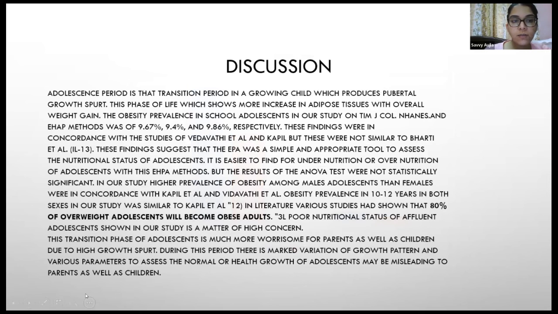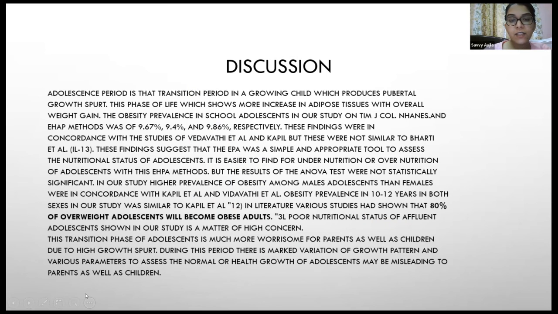Now, a quick discussion. As we know, the adolescent period is that transition period in a growing child which produces the pubertal growth spurt. This phase of life shows more increase in adipose tissue with overall weight gain. The obesity prevalence in school adolescents in our study on the three scales used, that is Tenggara, NHANES, and EPHA methods, were 9.6, 9.4, and 9.86 respectively, and these findings were in concordance with various studies, for example, Badwati and Patel.